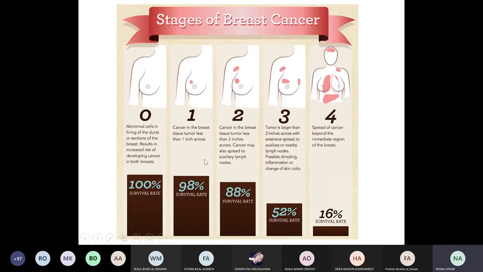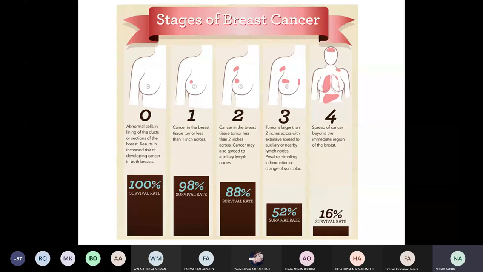Patients diagnosed with stage 1 disease mostly have a small tumor and in most cases lymph node negative disease, so the cure rate is very high.